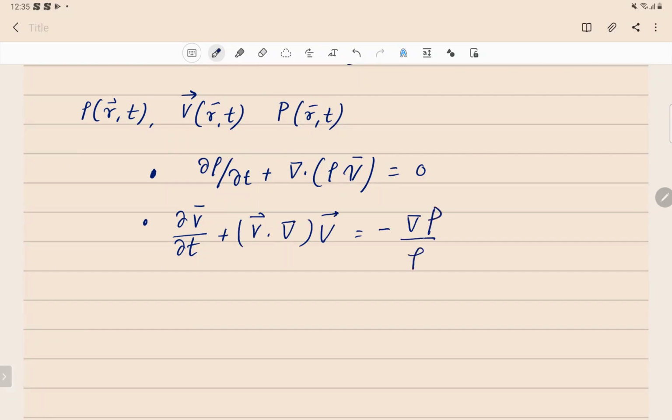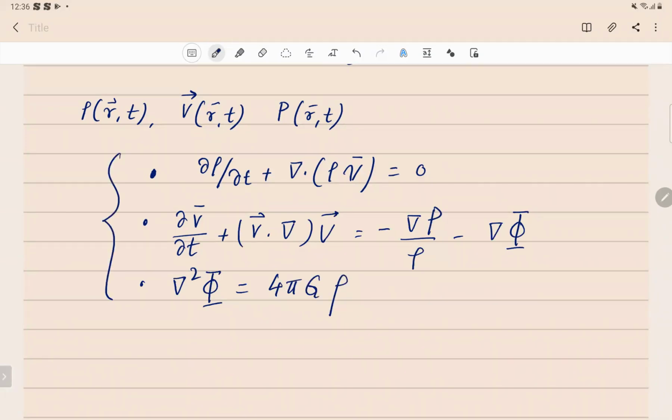Now you see this pressure gradient offers like a force, and then you have, of course, the force coming from gravity. So this is gravitational potential phi, and then finally you have the Poisson equation for phi, del square phi equals 4 pi G rho. So you have these five equations which we are interested in solving.